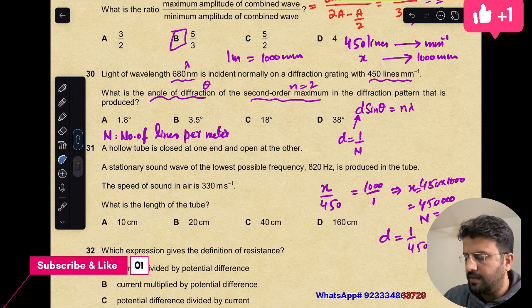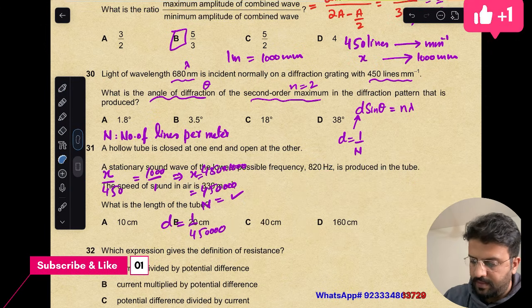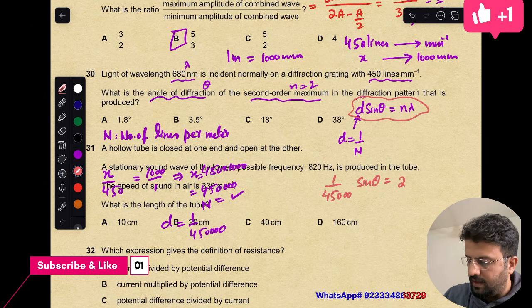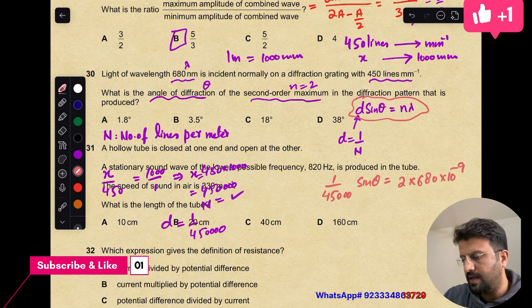So if you have to find theta, let me drag this thing to the side. Let's go back to the original equation. d equals 1 over 450,000, sine theta equals n, which is 2, and lambda is 680 nanometer. Nano is 10 to the power -9.